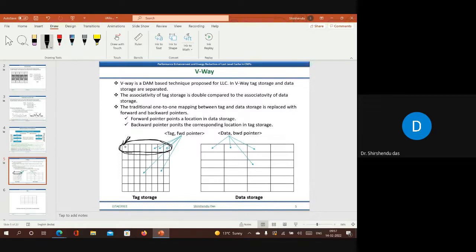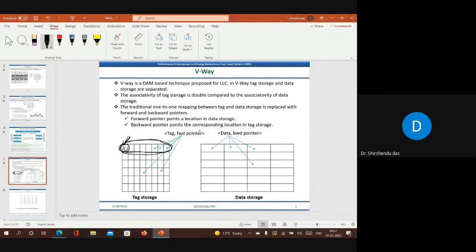If you delete a victim from here, then the corresponding data will also be deleted, suppose the corresponding data is in this position. In that case, you are making space in the tag as well as in the data, so no problem, you can directly place the block. Are you understanding it? Yes, sir.